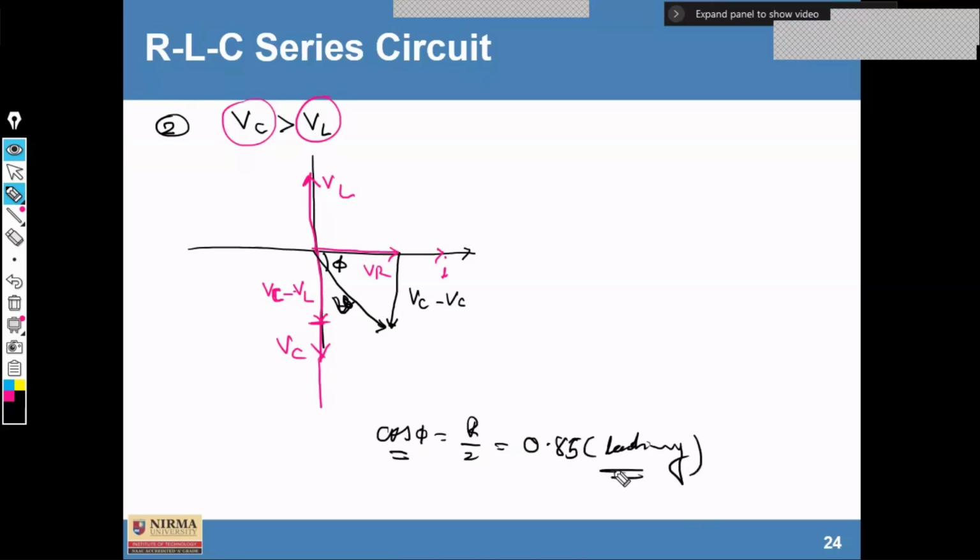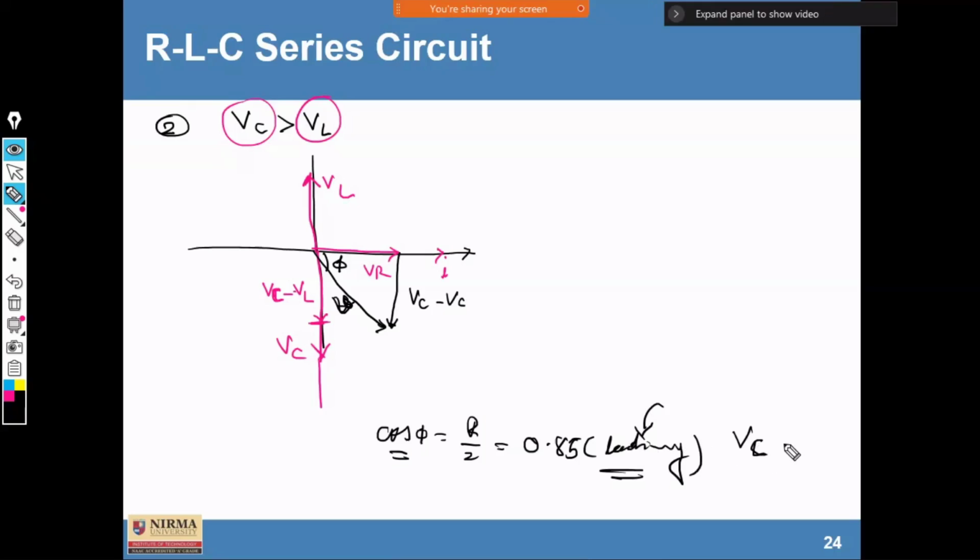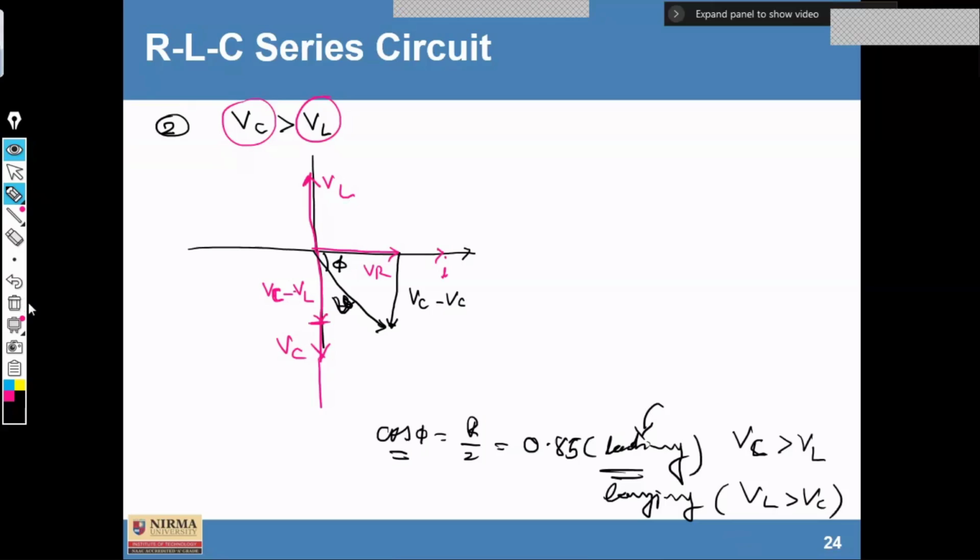Whenever we write a leading quantity here, we can understand that the circuit has three different elements R, L, and C, where the value of VC is greater than VL. If it is written lagging, we can consider the condition as VL greater than VC. Correct.